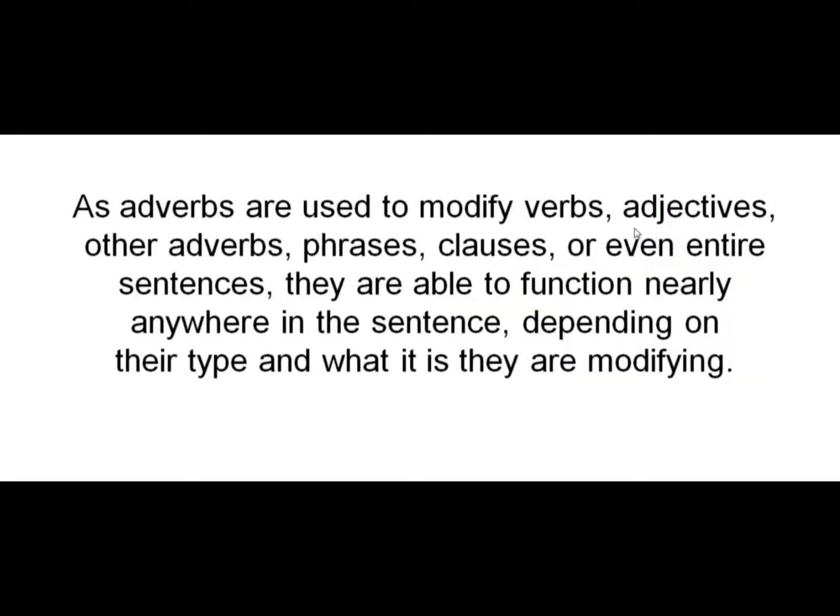As adverbs are used to modify verbs, adjectives, other adverbs, phrases, clauses, or even entire sentences, they are able to function nearly anywhere in the sentence, depending on their type and what it is they are modifying.